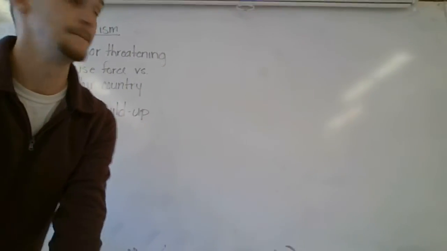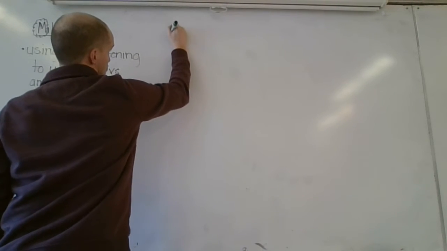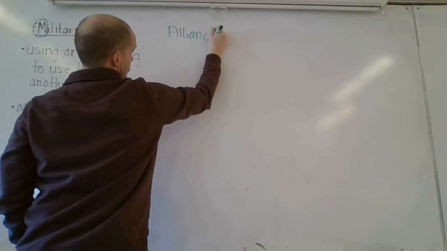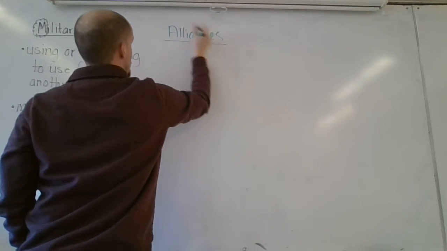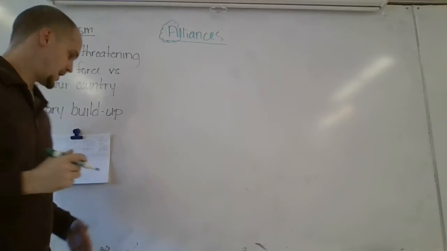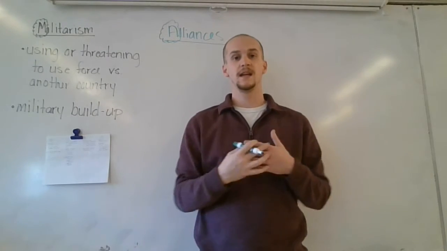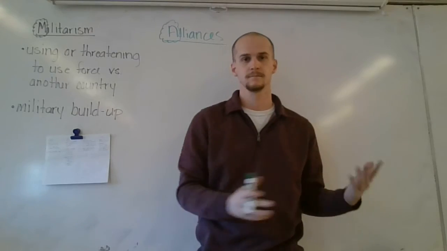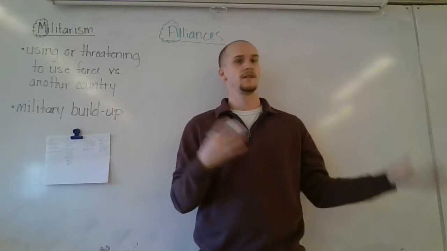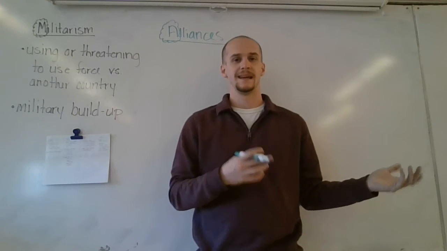Now I want to move to A. A stands for alliances. An alliance is an agreement between two sides that have each other's back. Sometimes these agreements are secret because you don't want another side to know who you're in partnership with, who you're in an alliance with.